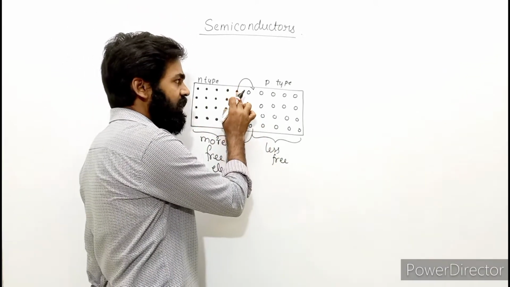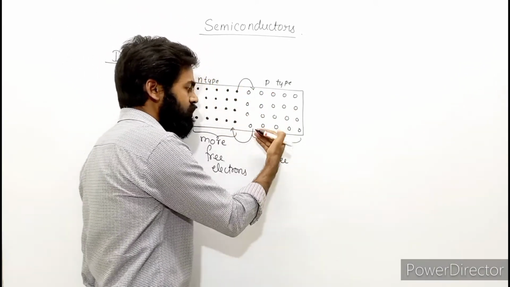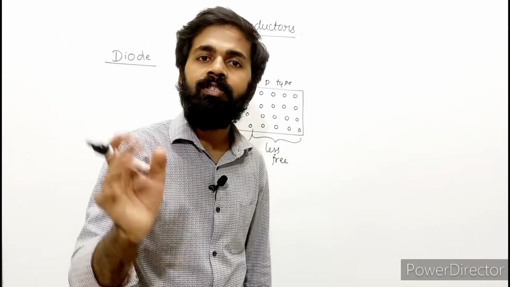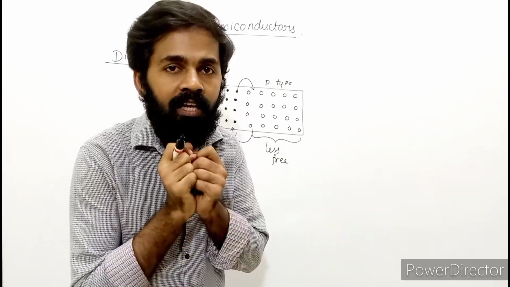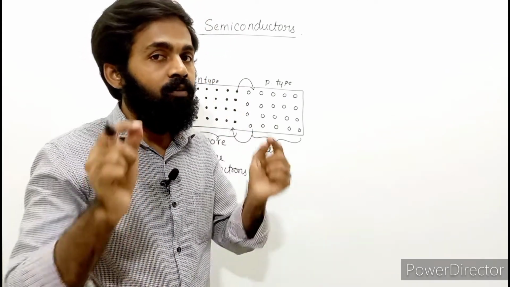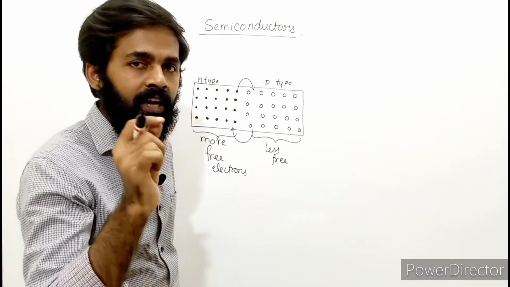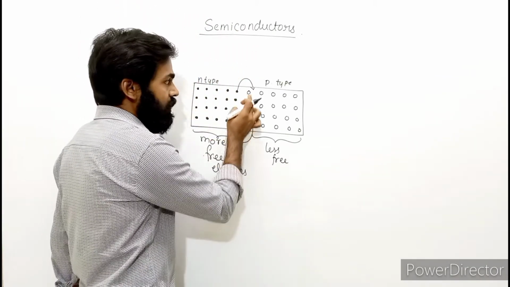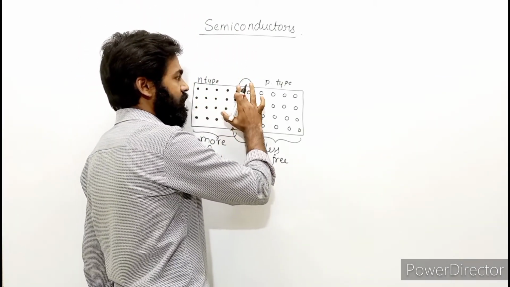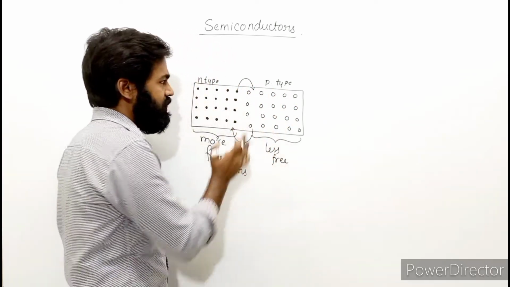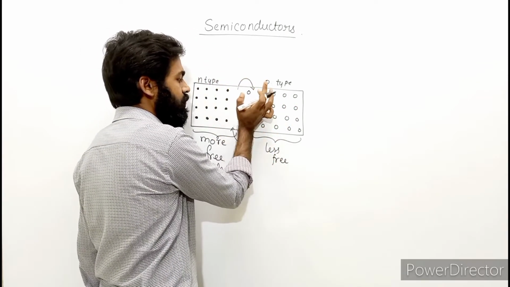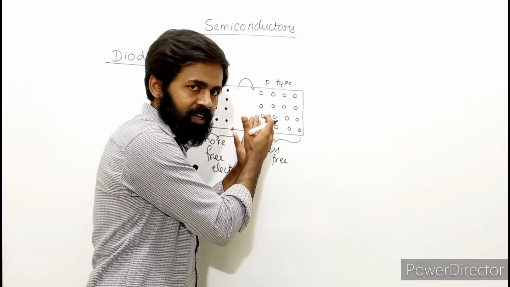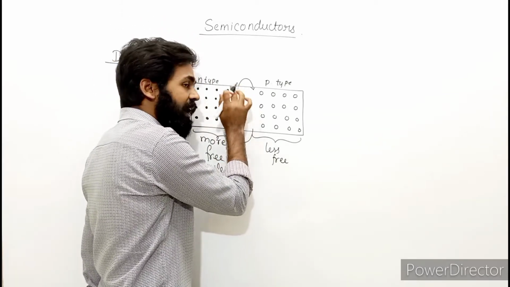Now see here, when these free electrons move towards right side and holes move towards left side, they combine with each other. When electrons and holes are combined, they get cancelled and we get ions. Now near this junction, where both of them are meeting, the ions are formed.